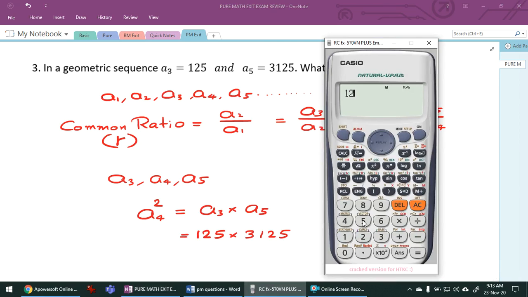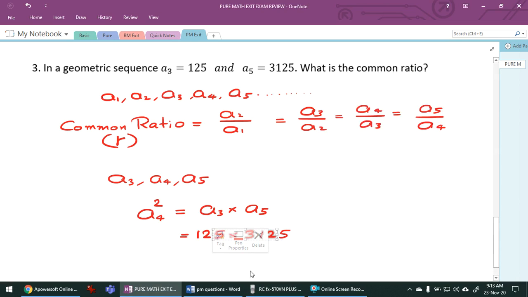125 into 3125 is what? 390625. So A4 square is equal to 390625.